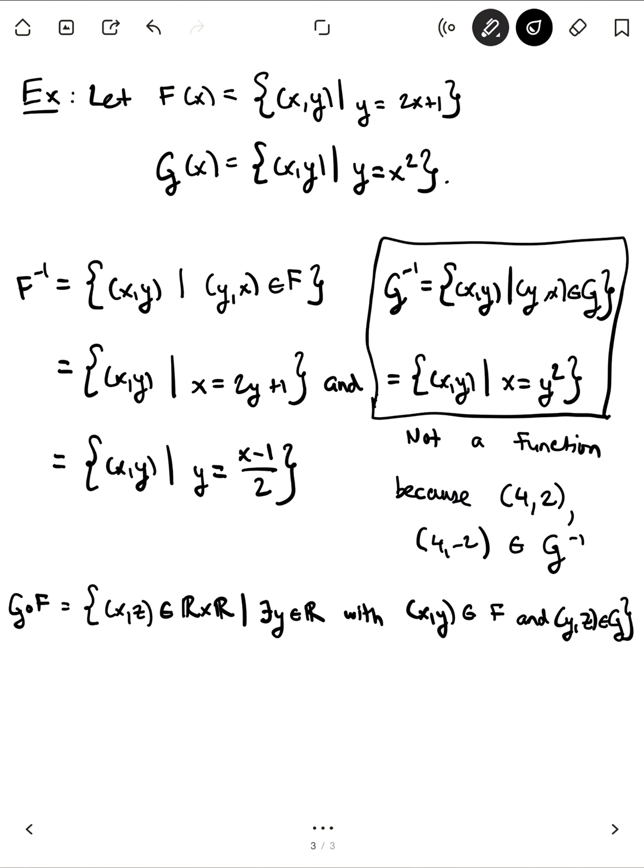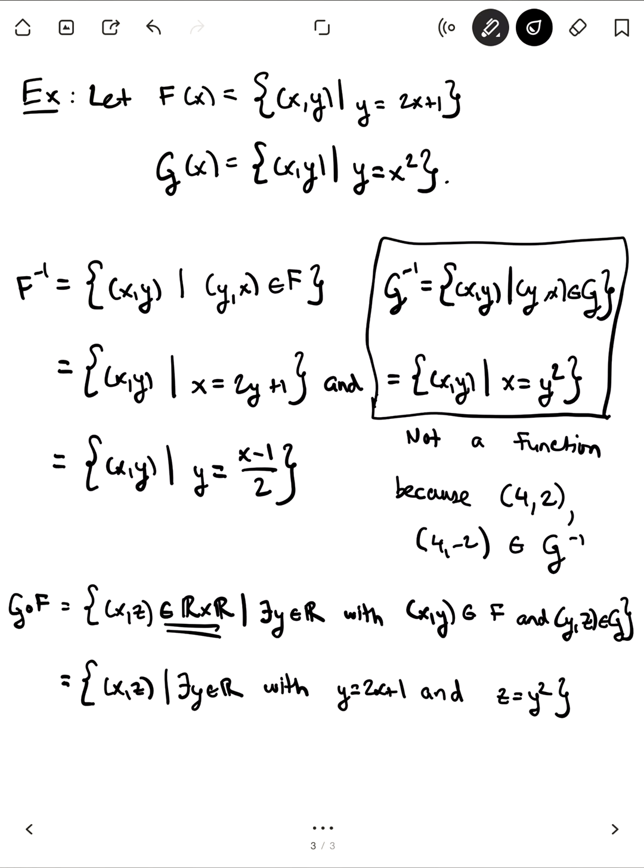Okay, that equals the set of (x, z). I'm going to suppress this notation, I'm not going to keep writing that it's an element of R cross R. I just expect you to understand that now. There exists a y in the real numbers with y equals 2x plus 1 and z equals y squared.